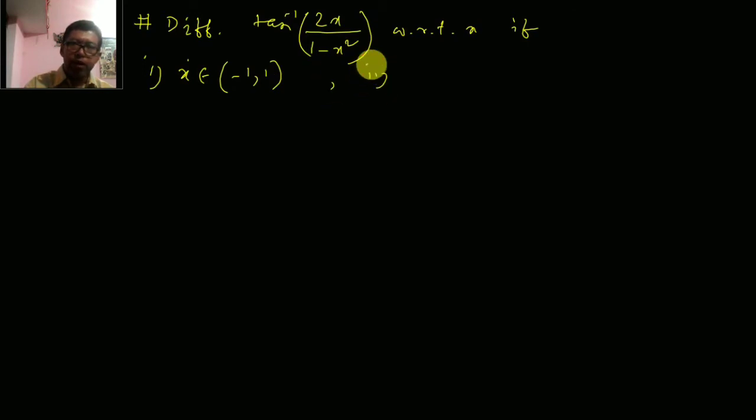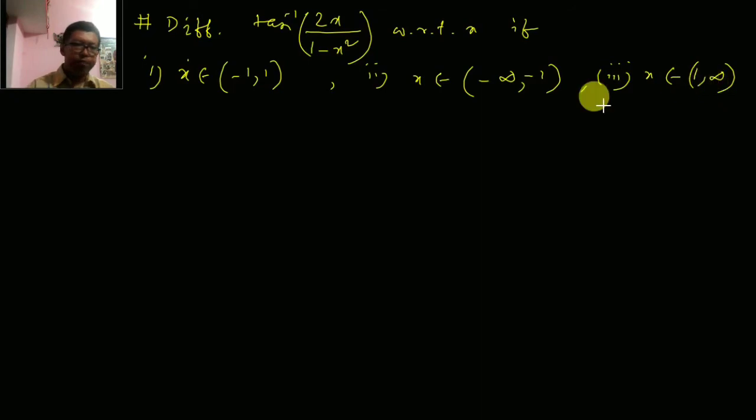Second domain, x belongs to the open interval minus infinity to minus 1. Third domain is x belongs to 1 comma infinity. Okay, now you have to remind again the range and domain of tan inverse, because your function is now tan inverse of this one.